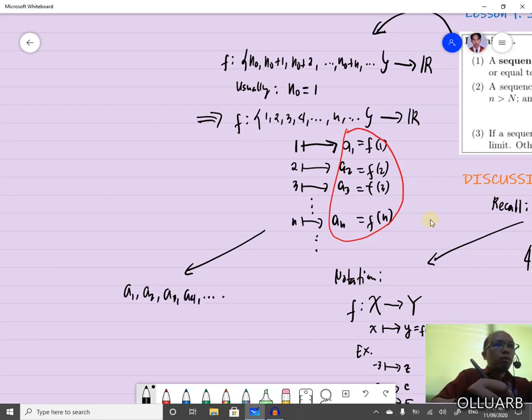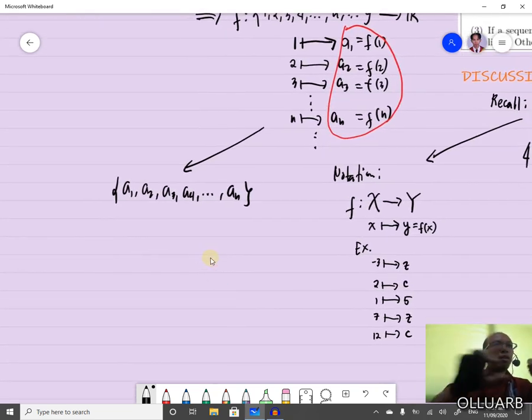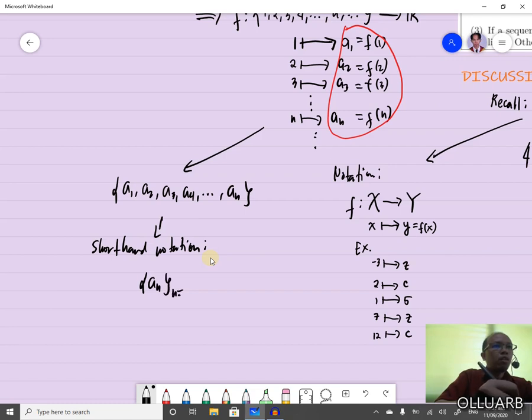a1 up to a n. So this is now our sequence, and the shorthand notation for this is we will be using this notation a sub n. N starts from 1 to infinity if it starts from 1.